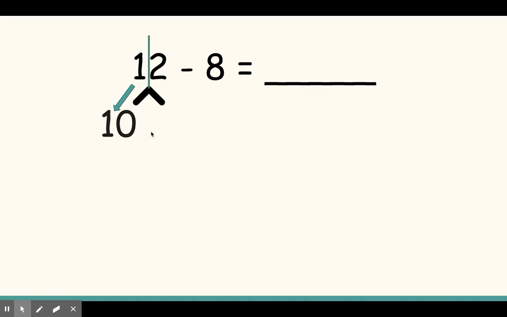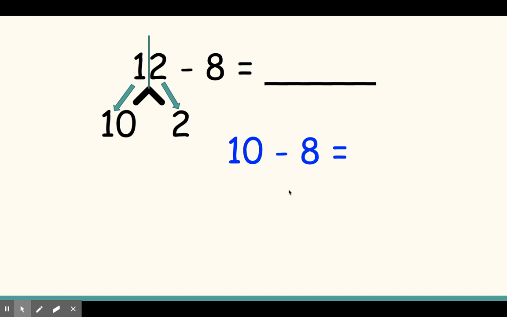If you said 10, you're correct. The 1 in 12 represents 10. Its value is 10. The 2 represents 2 ones. So 12 is made up of 10 and 2 ones. 1 ten, 2 ones. We can use that 10 and subtract 8 from 10.